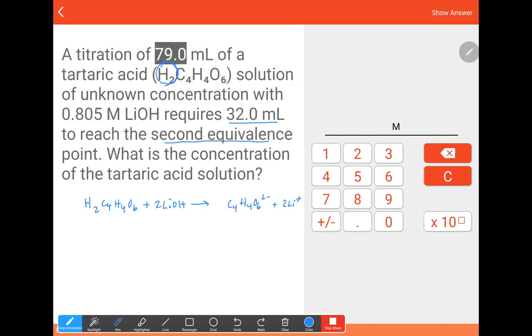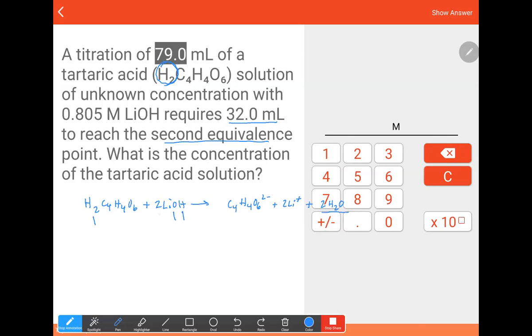And so we need a 2 here. And then this will get us 2 waters. No, that's in solution. So the 2 H's from here react with these 2 OH's. There's 2 O's. And so we have 2 H2O's.